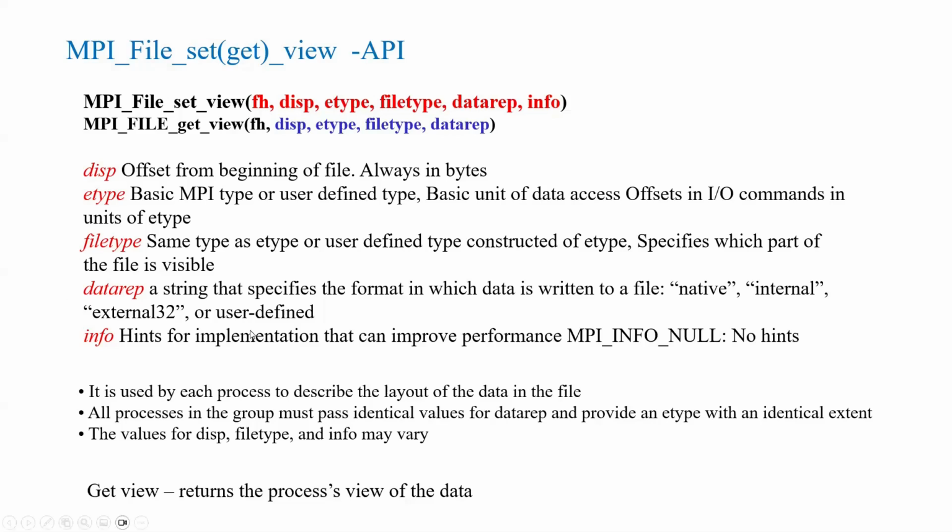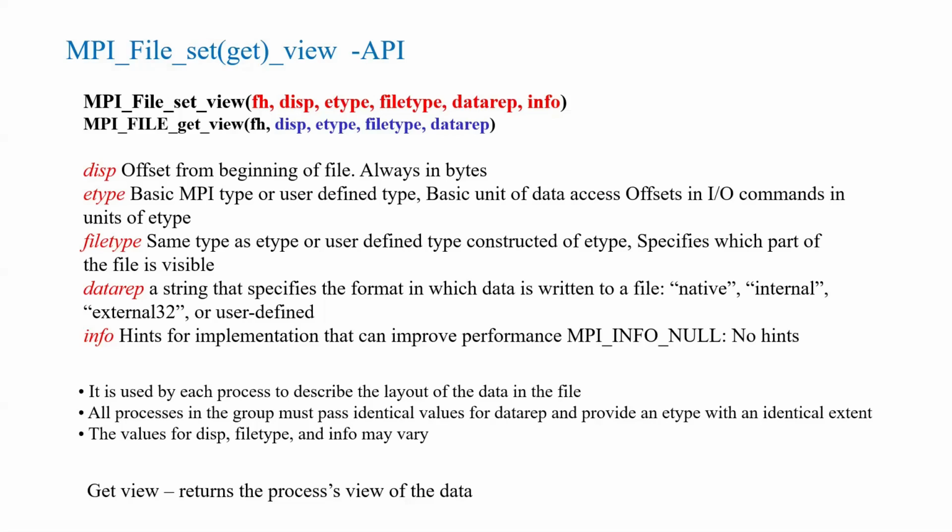Or you can use a user-defined one. Info is the hint, and we'll cover this briefly later. In most cases we don't use hints, and the purpose of using hints is to improve the performance, like what buffer size to use, or how many file stripes to use, something like that.